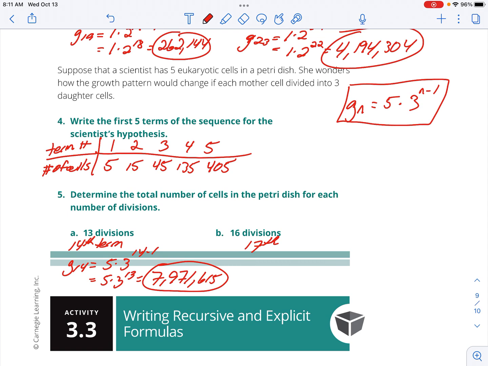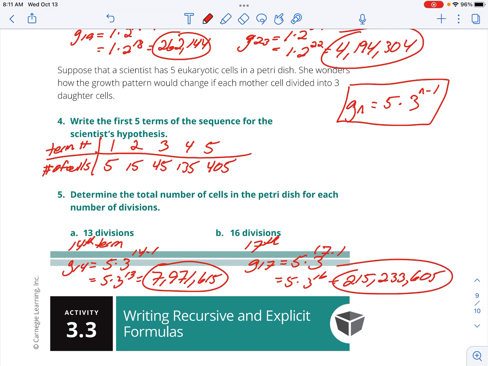Quite a bit of cells. And for the last one here, same idea. 16 cell divisions times that 5, 215,233,605 cells. Okay, we'll continue on with the next one.